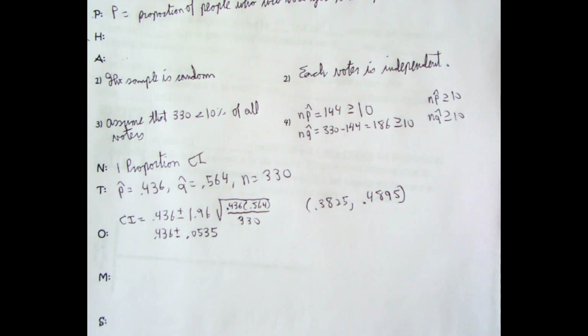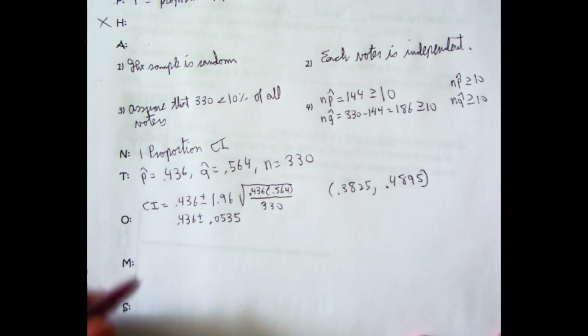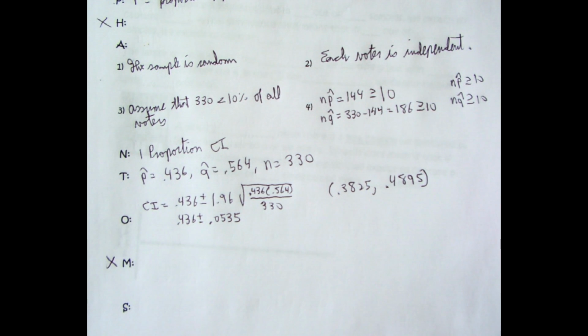So, since our entire interval is under 50%, we're pretty confident that the new school budget is going to get rejected, because less than half the people are going to vote for it. Okay. So, we don't have to make a decision because we didn't hypothesize anything.